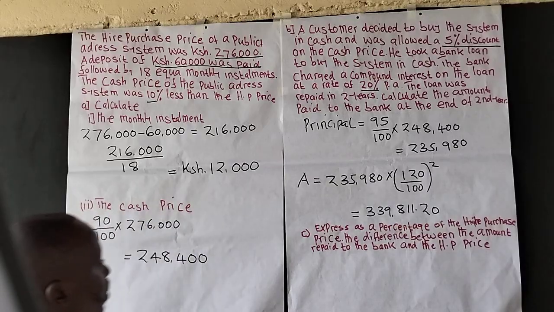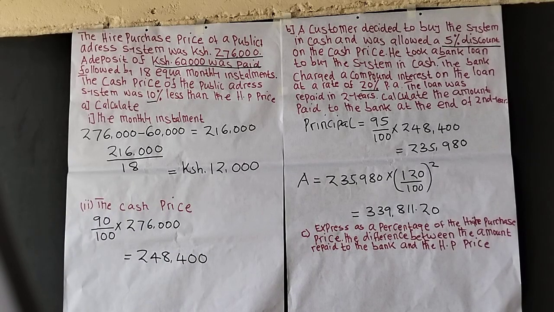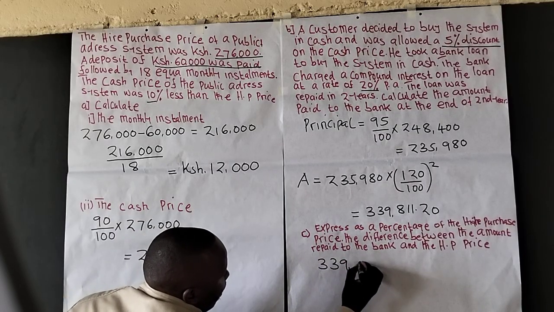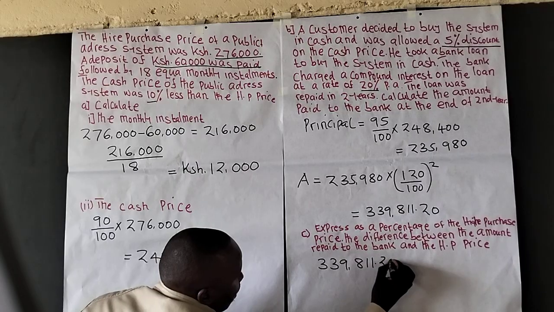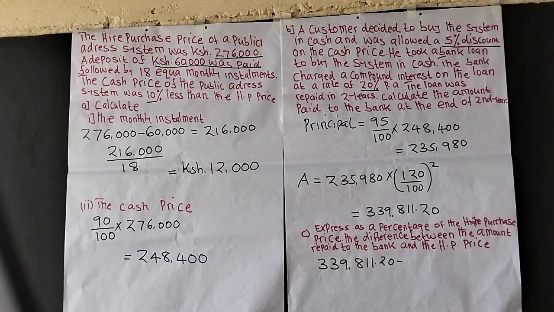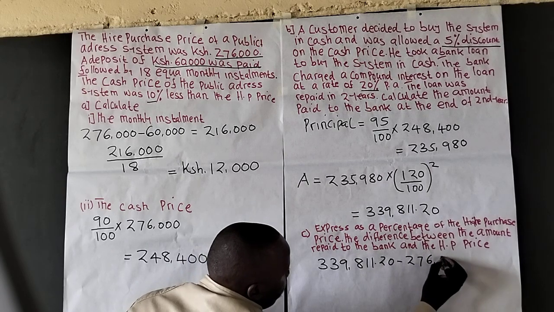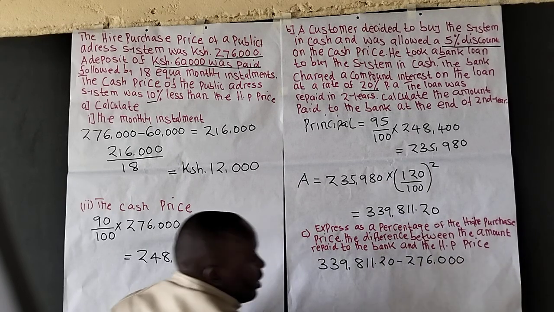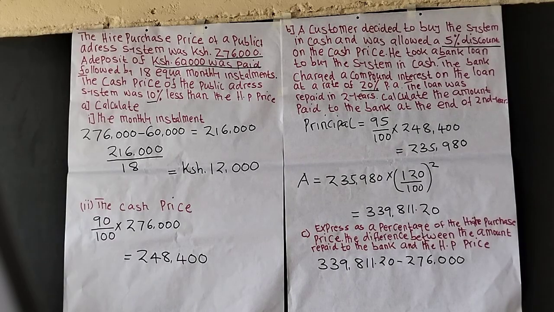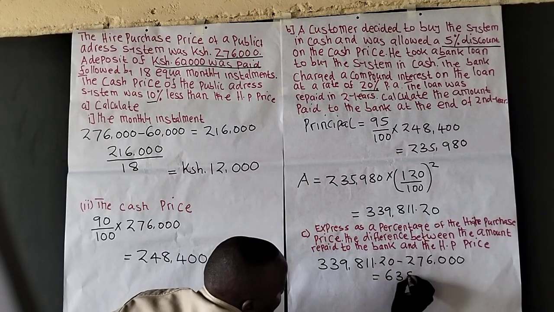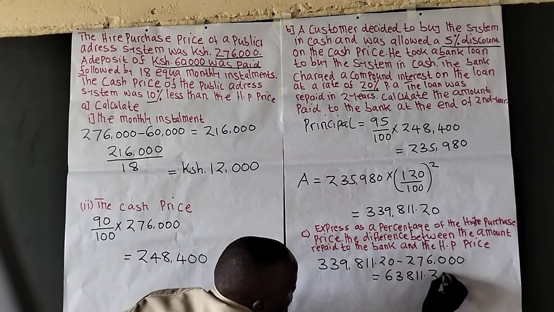So the amount paid to the bank is 339,811 and 20 cents, minus the hire purchase price, which is 276,000. That will give us 63,811 and 20 cents.